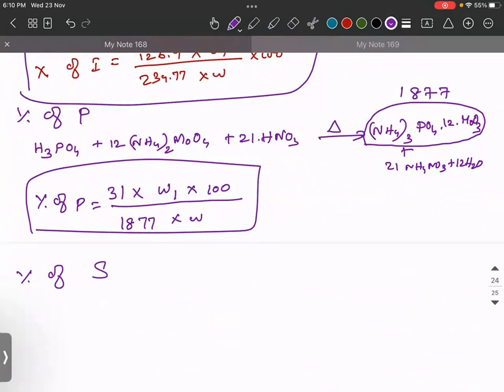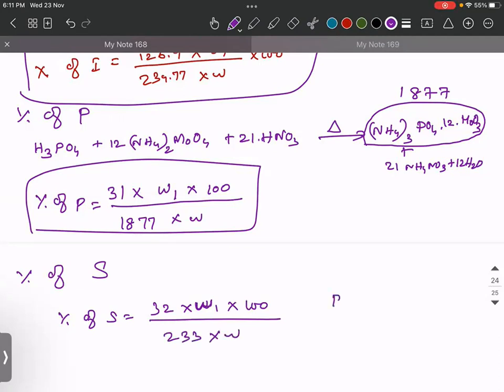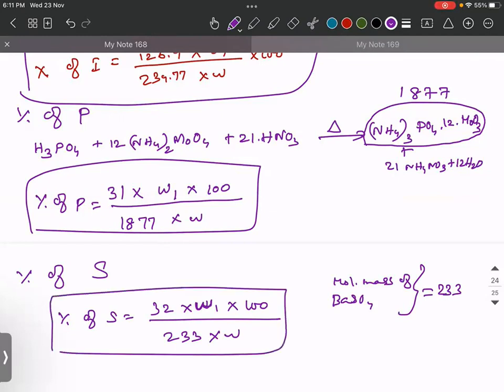So percentage of sulfur is equal to 32 into W1 into 100 divided by 233 into W, because the molecular mass of barium sulfate is 233. Sulfur is present as 32 grams, that's why they have taken 32. So it gives the percentage of sulfur.